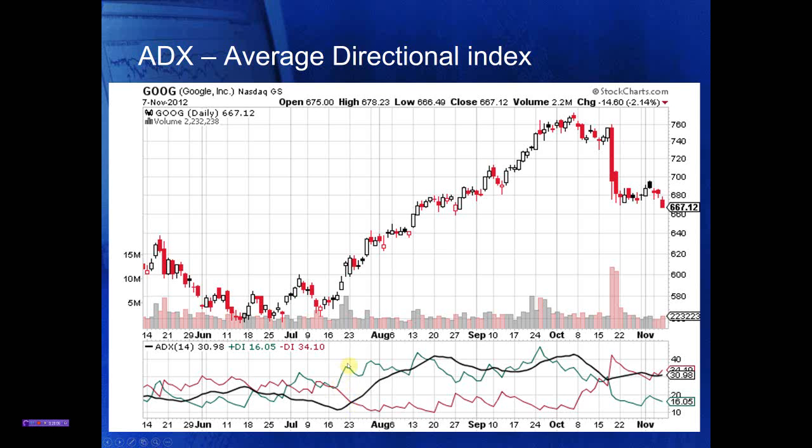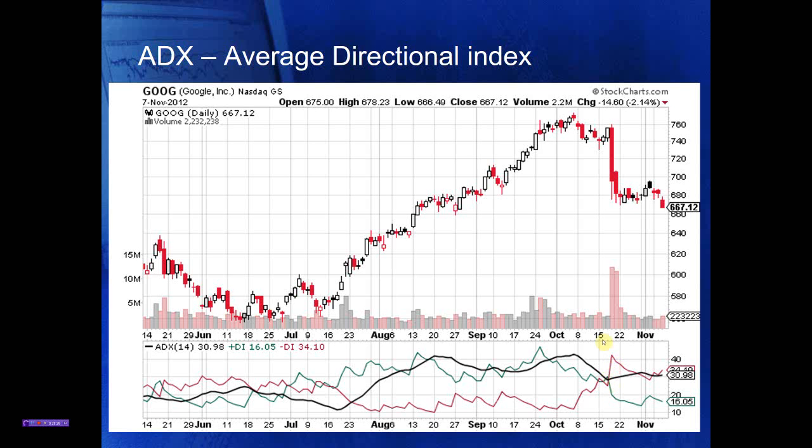So again, uptrend is identified over here. Okay, so plus DI increasing means uptrend when also the minus DI is decreasing. Opposite situation, minus DI is increasing, plus DI is decreasing, downtrend.